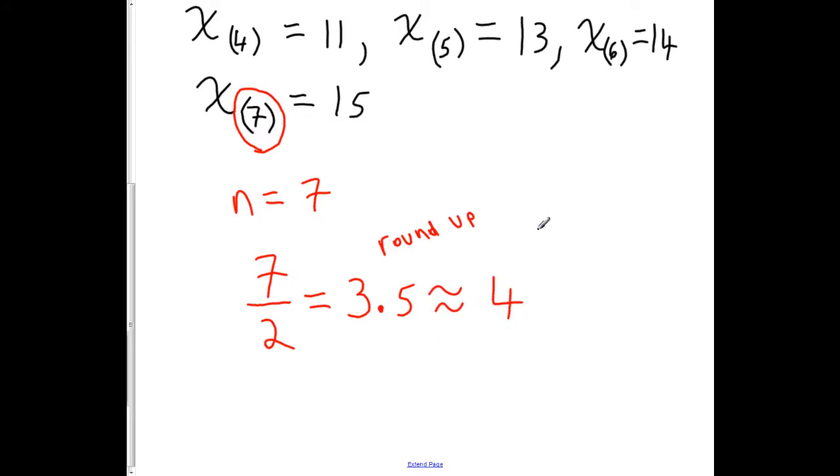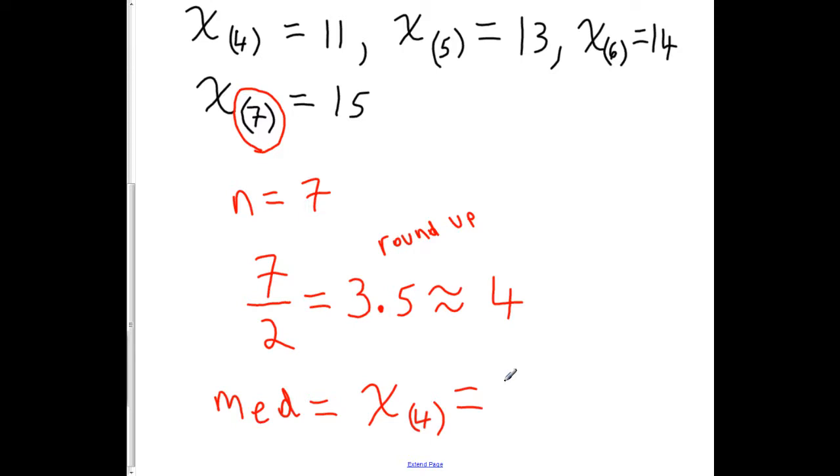That is telling us the subscript of the order statistic that is the median. So in this problem, the median, which I'll abbreviate MED, is the order statistic x4. Whenever you get a decimal number rounded up, that'll be the number of the order statistic that you should be using for the median.